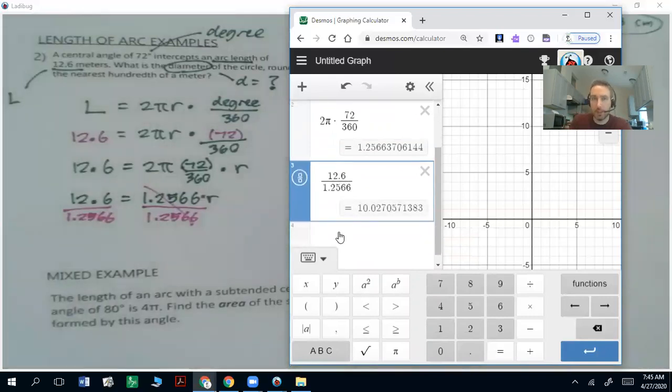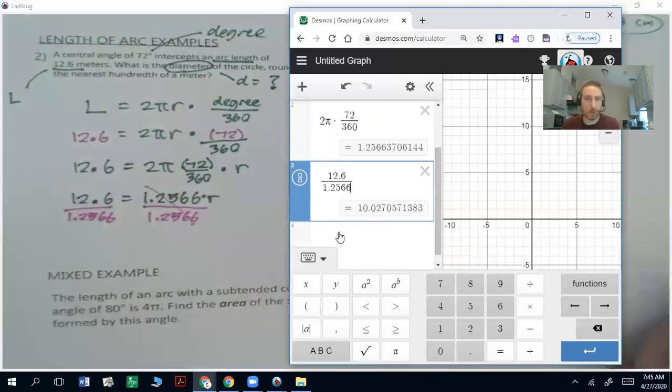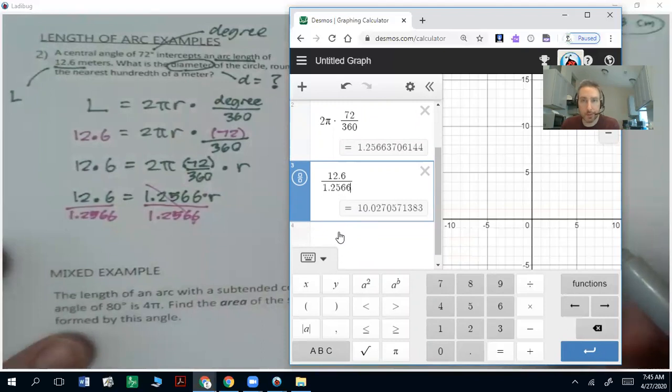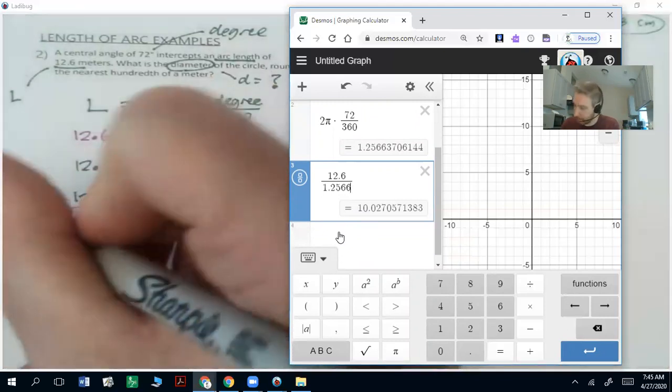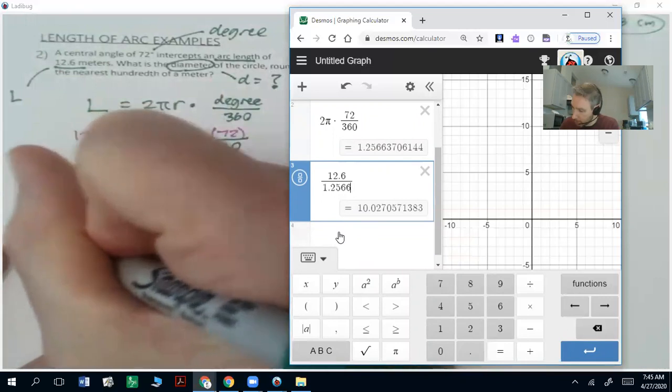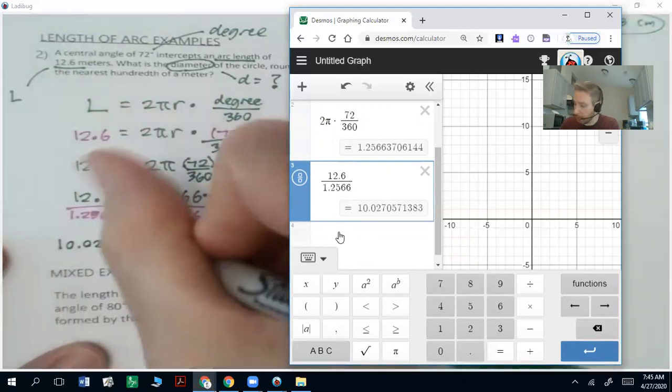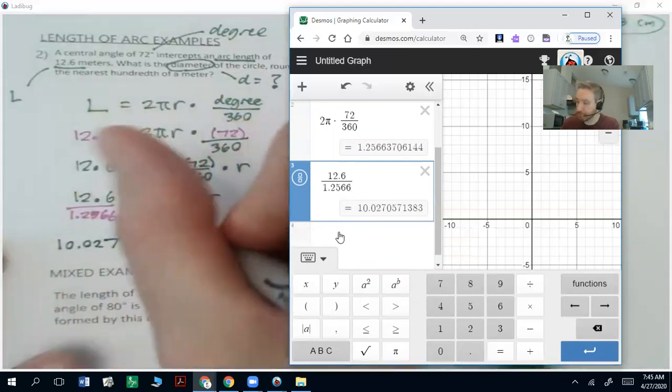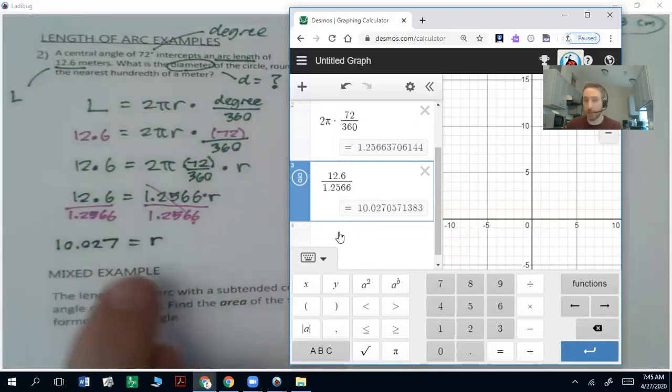And that's approximately equal to 10.027. So what do I want to round that to? Just leave 10.027 as your radius. That's great. That's my radius.